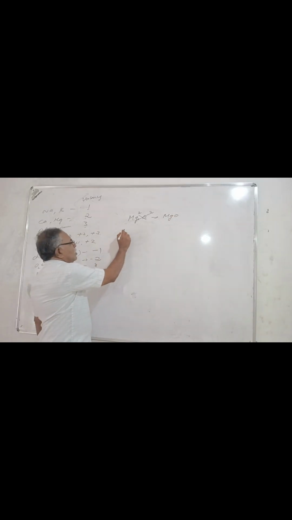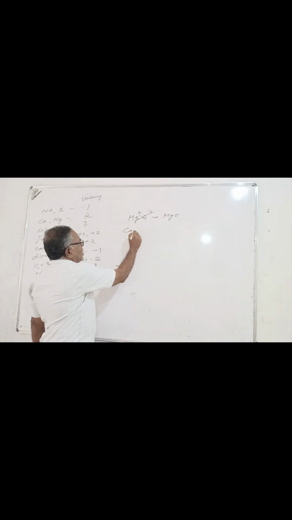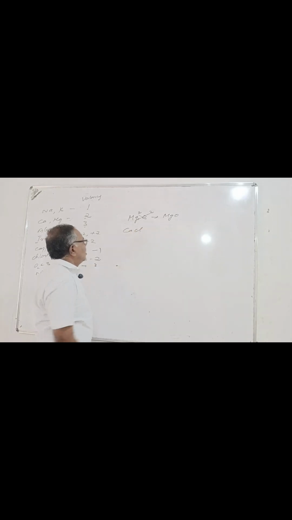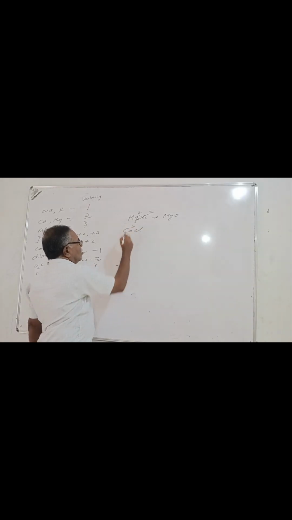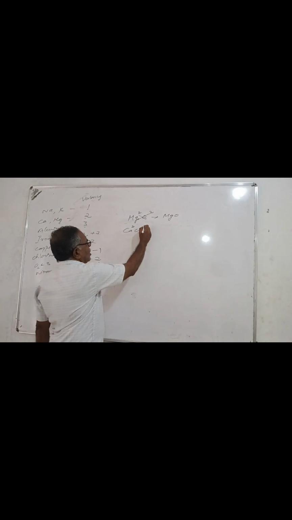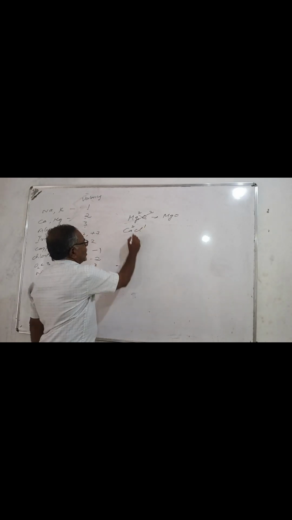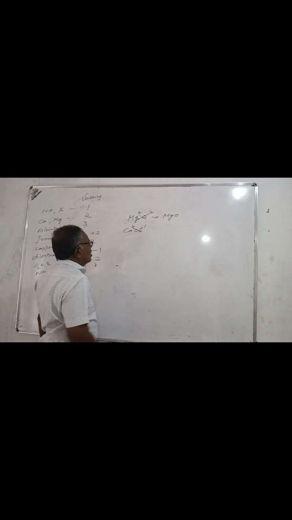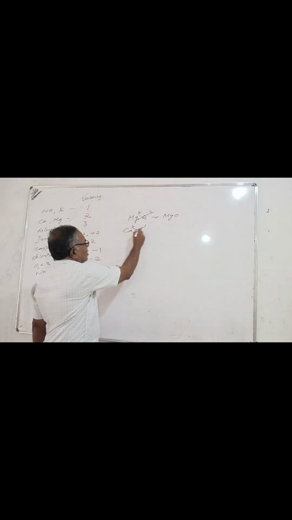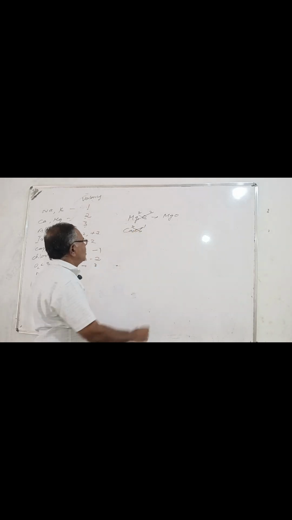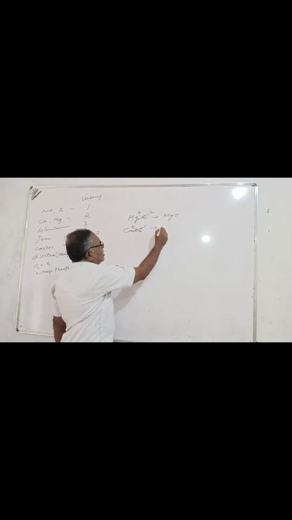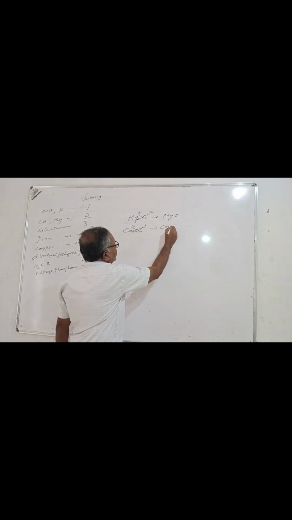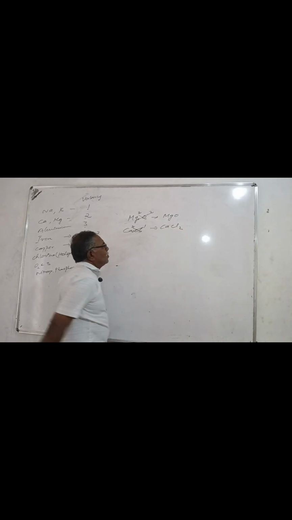In the case of calcium chloride, the valency of calcium is 2, and the valency of chlorine is 1. Write the valency of calcium near chlorine, and chlorine's valency near calcium. So the formula of calcium chloride is CaCl2.